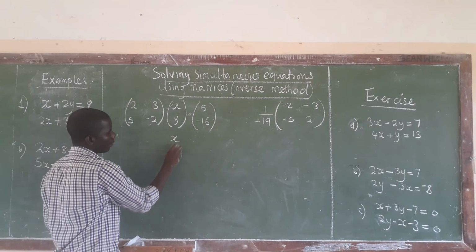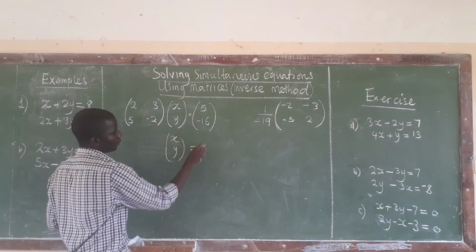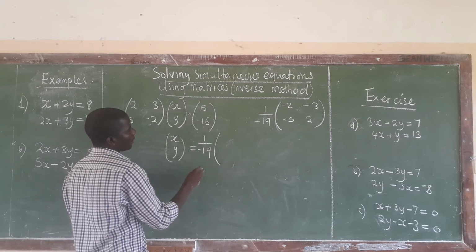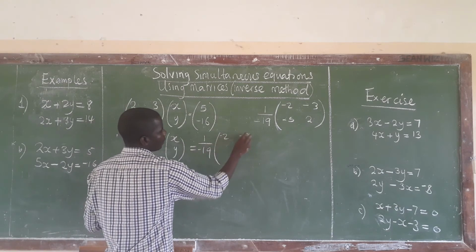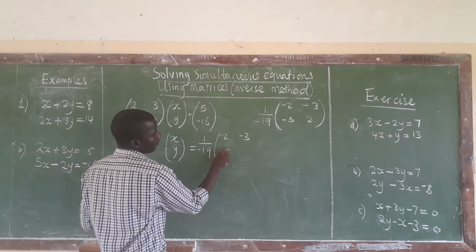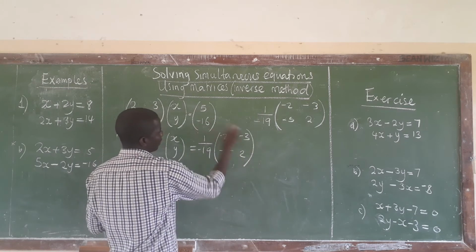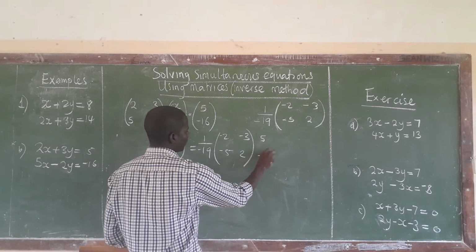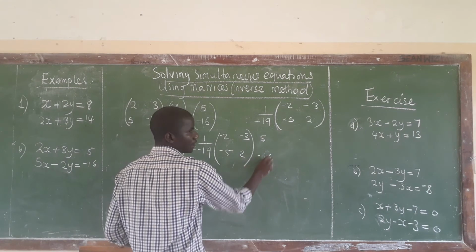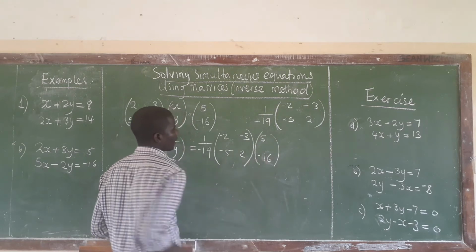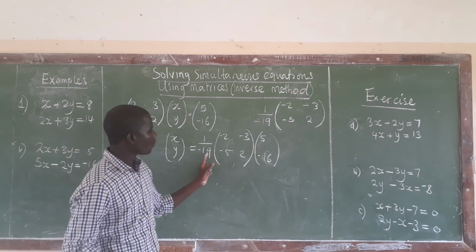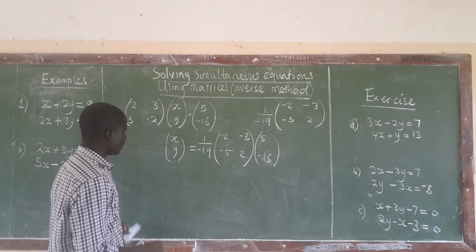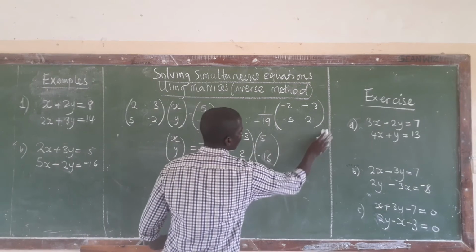So we say x and y is equal to, you bring the inverse first, you start with the inverse, then 2, 5, then we have 5 and negative 16. Okay? So, then like I was saying, we work out this part. We just have to work out this part here.